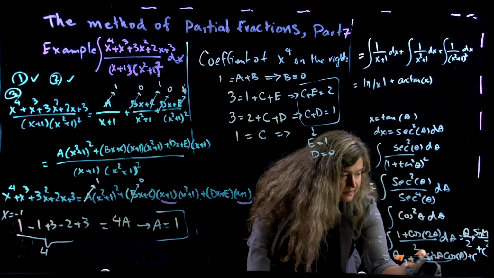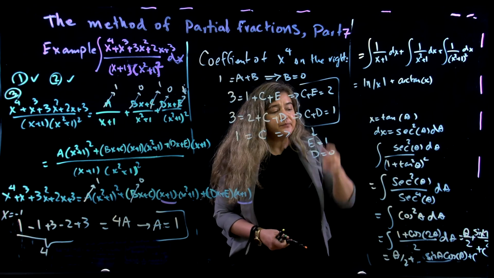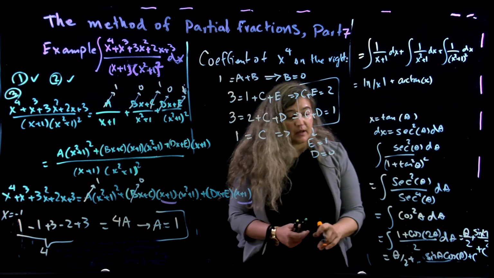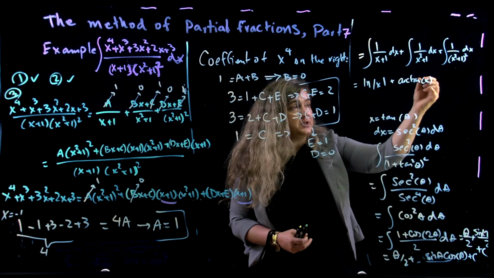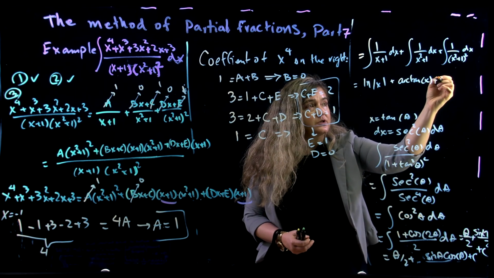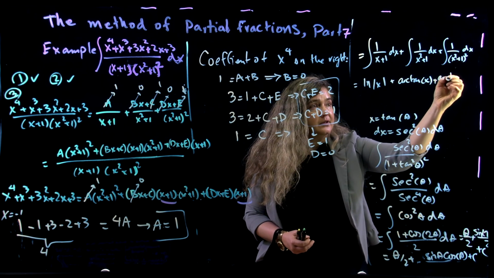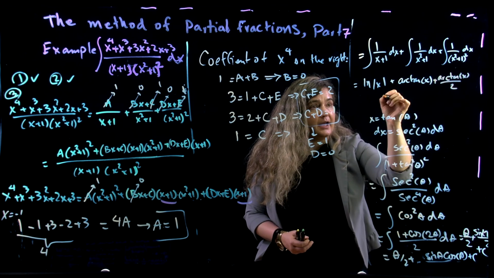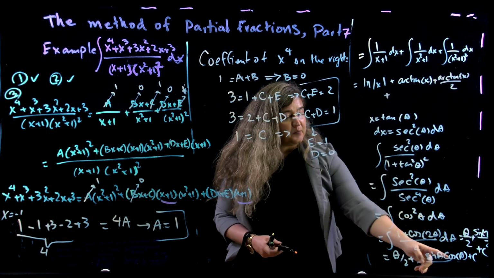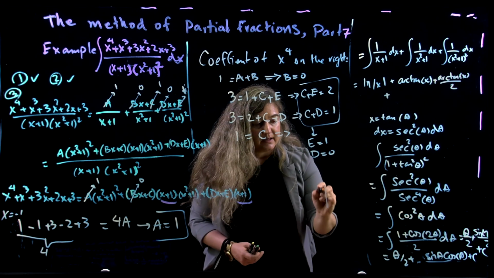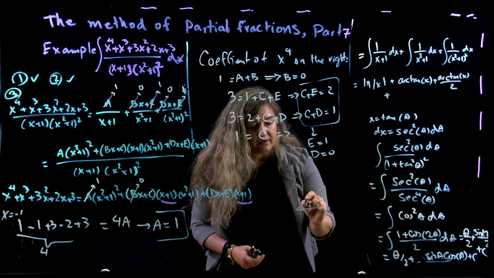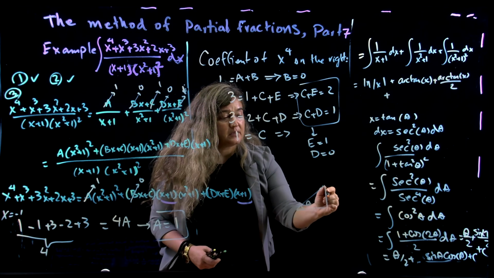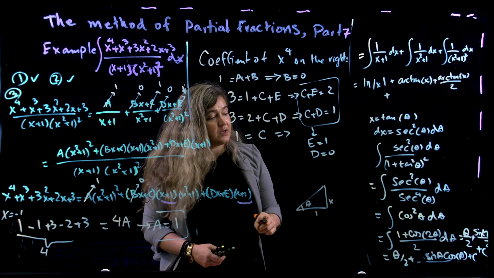So sine theta cosine theta. Now theta over 2 is just the arc tangent of x, divided by 2, right? But for this part, theta is an angle such that its tangent is x.